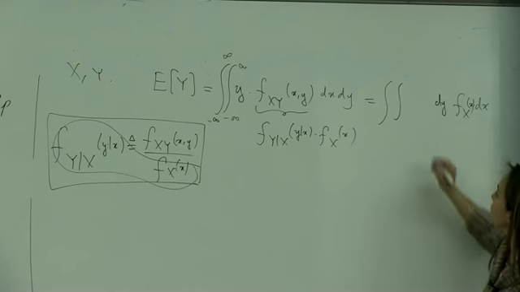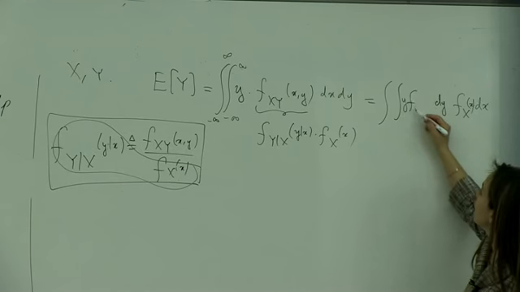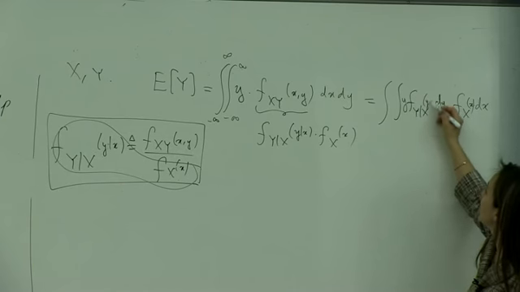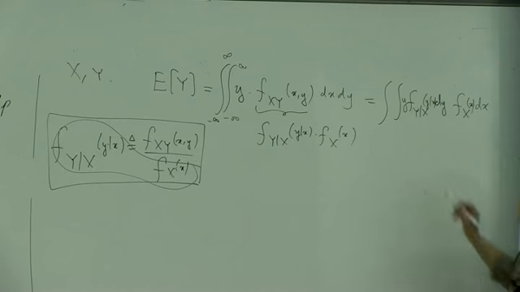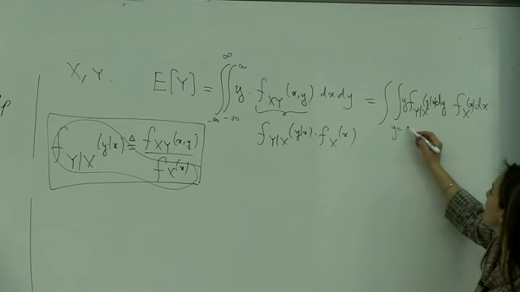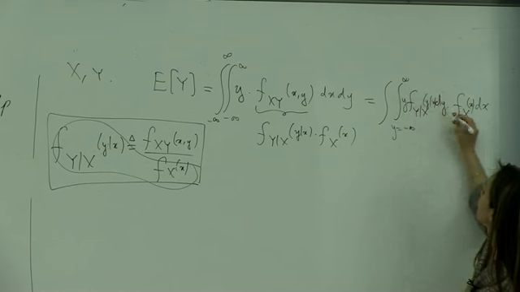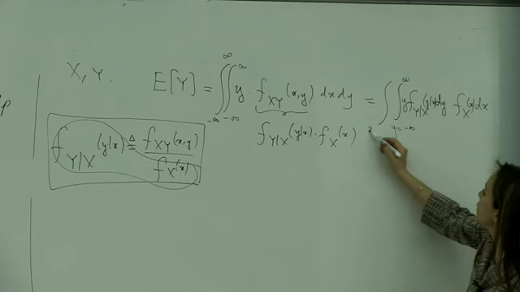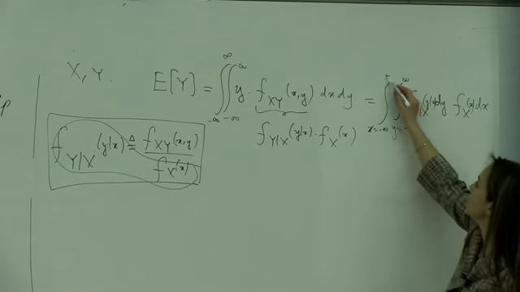dy, y, f of y given x. Okay? So y goes from negative infinity to infinity, and x goes from negative infinity to infinity.